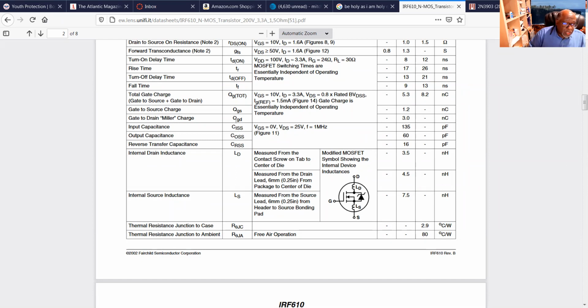That's actually included in these parameters here. So let me see if I can find, I had it a second ago. One moment. Yeah, here we go.